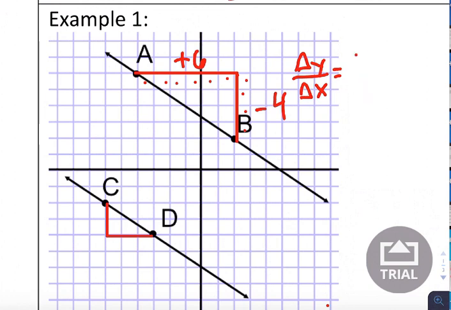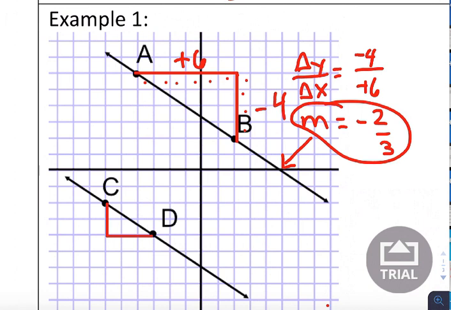We have to go up and down before we go left and right. So it actually should be minus 4 over plus 6. Sorry about that. Very common mistake that I just made. So hopefully you don't make that too, because we have to go up and down before we go left and right. Since they're both even numbers, we can divide them both by 2, and we end up with negative 2/3 for our slope. And so the slope for this line is going to be negative 2/3.